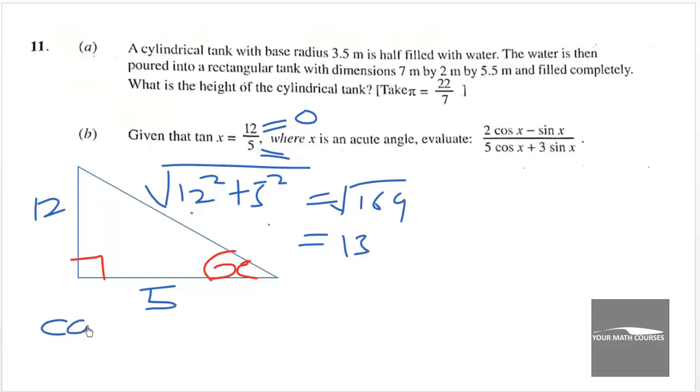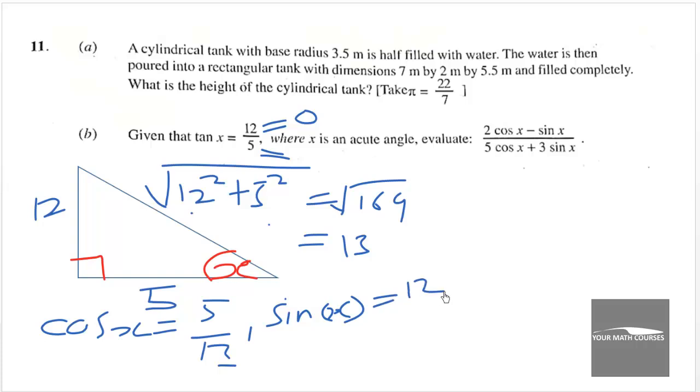Cos x is equal to adjacent over hypotenuse, which is 5 over 13. Sin x is equal to opposite over hypotenuse, which is 12 over 13. We can now fix all these values.